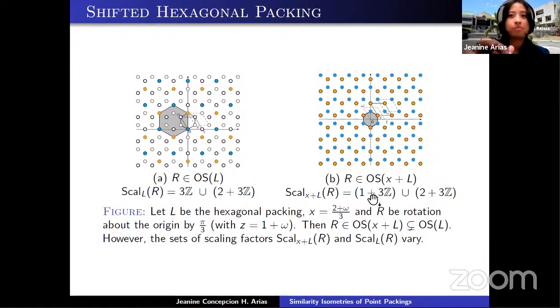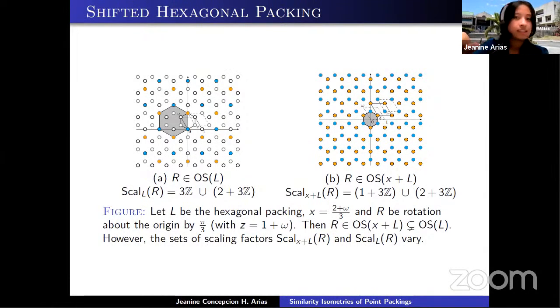But for the same rotation, the denominator with respect to x + L is equal to 1. So they're different. And that's the difference between using the hexagonal packing versus the shifted hexagonal packing.